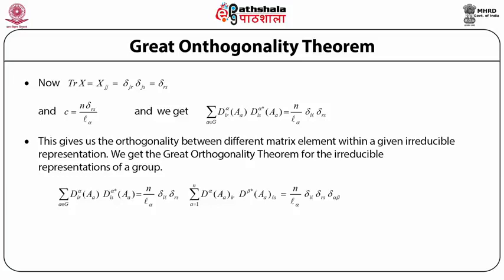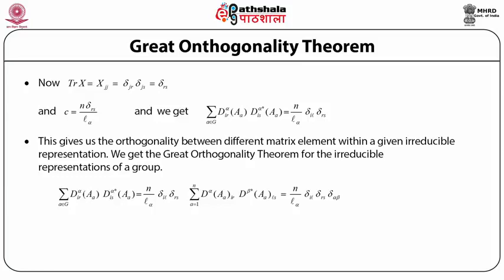That is, if two representations have different dimensionality, alpha and beta, then they are orthogonal, and the final relation is that D^alpha_ir(A) multiplied with D^beta*_ls(A), summed over all the group elements from 1 to n, where n is the order of the group, is equal to the order of the group divided by the dimension of the representation, with the condition that the two representations have to be equal, otherwise this product is 0. So delta_alpha beta represents that.